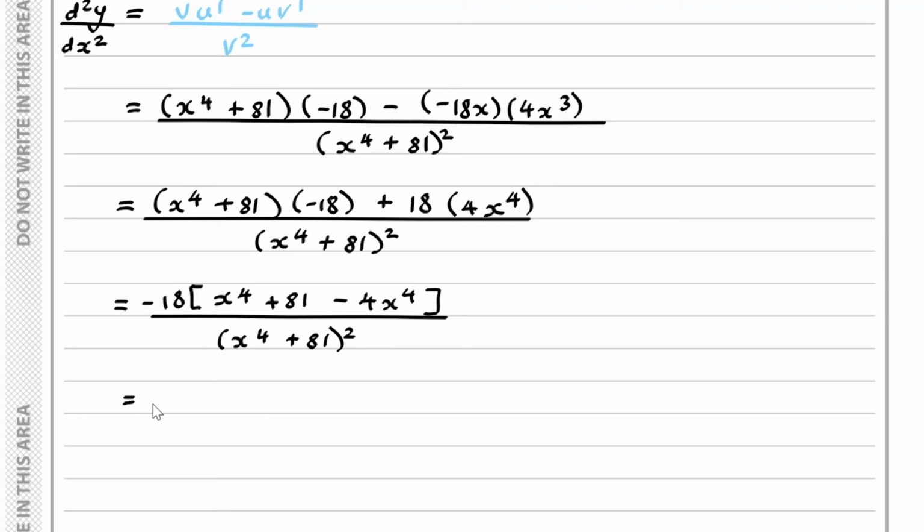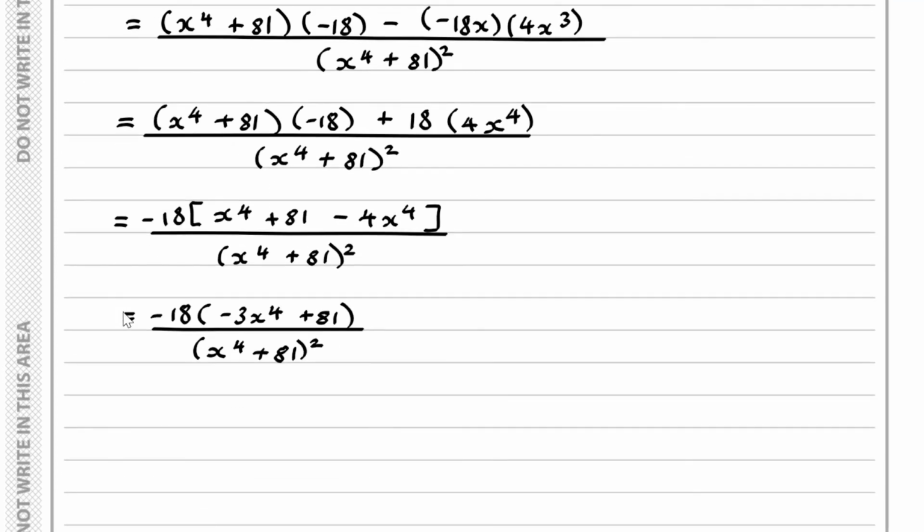So here we've got minus 18 lots of minus 3x to the 4 plus 81 divided by x to the 4 plus 81 squared. Okay?